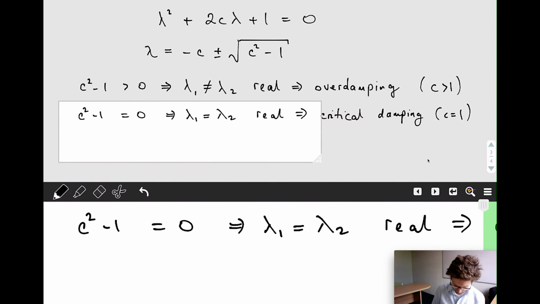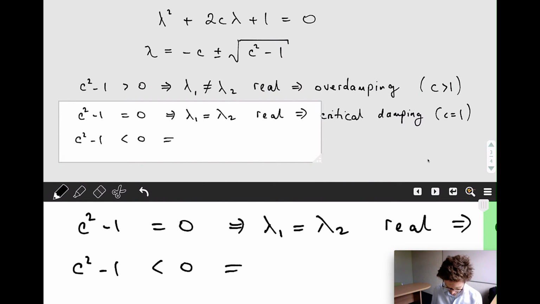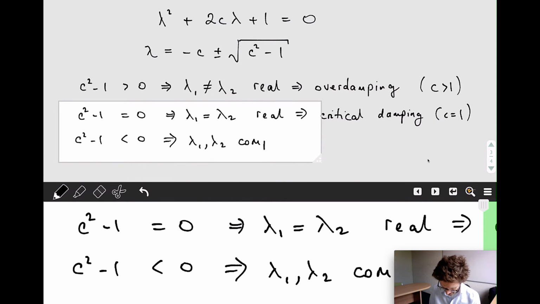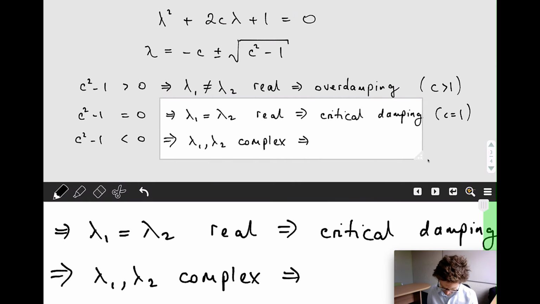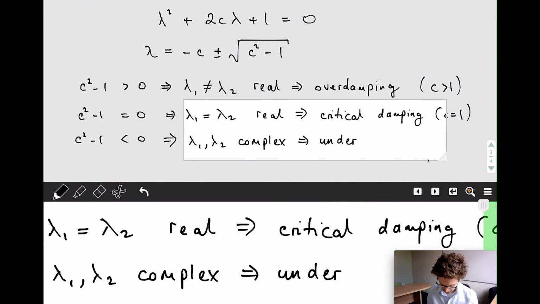Next possibility is when c squared minus 1 is less than 0. The thing inside the square root is negative, which means I get complex solutions. So lambda 1 and lambda 2 are complex conjugates. And in that case, I get underdamping. I get oscillating, decaying solutions.